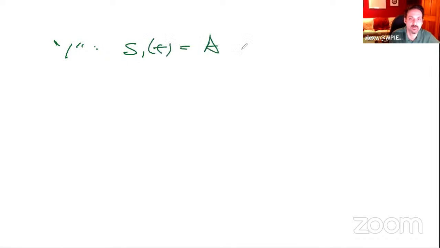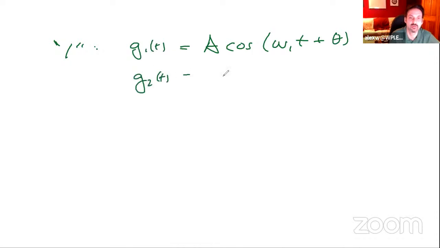That was equal to this. Not passband. Silly. So we had something along these lines. So we had omega 1 of t, and then we had some phase, g1 of t. And then we had g2 of t.